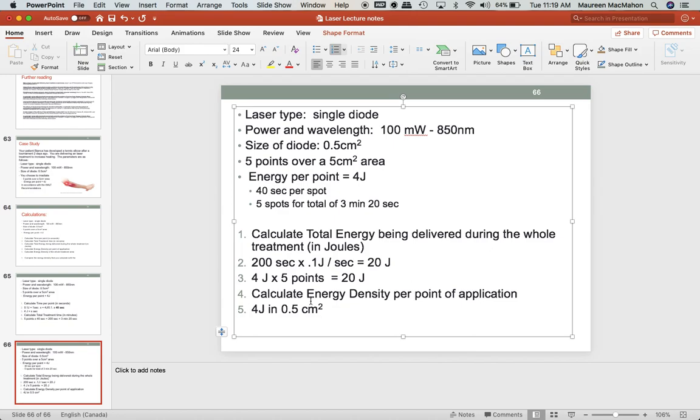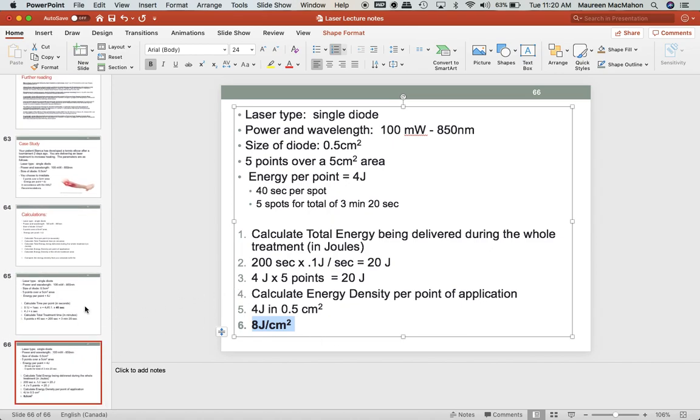That just means that per centimeter squared, we have to double that: 8 joules in 1 centimeter squared. So our energy density per point of application will be 8 joules, just another way to rate that, per centimeter squared.